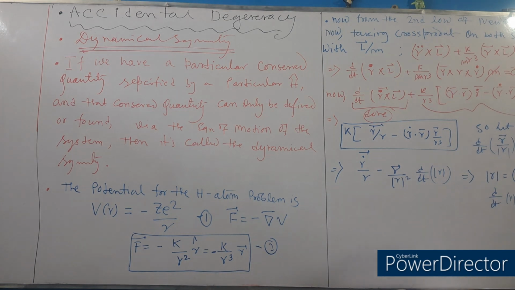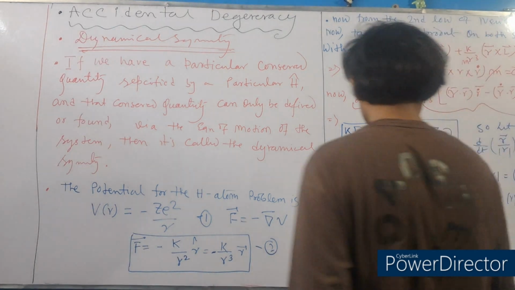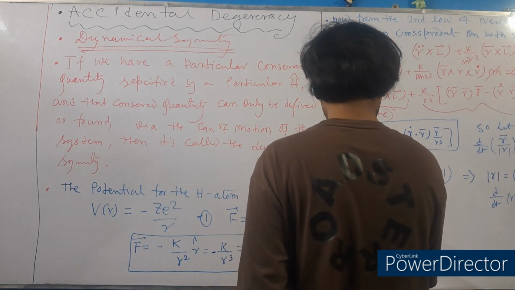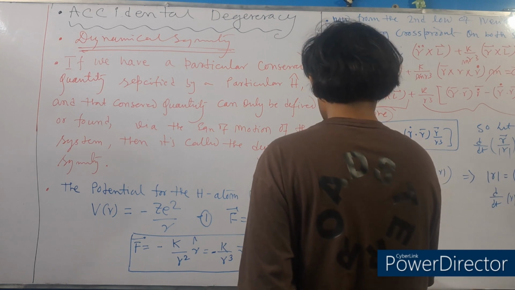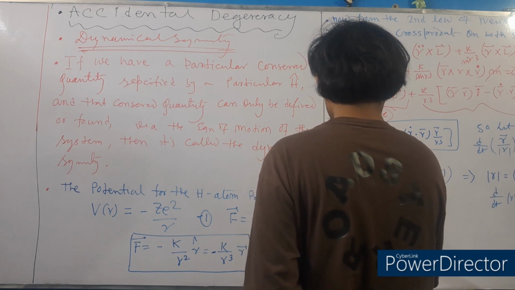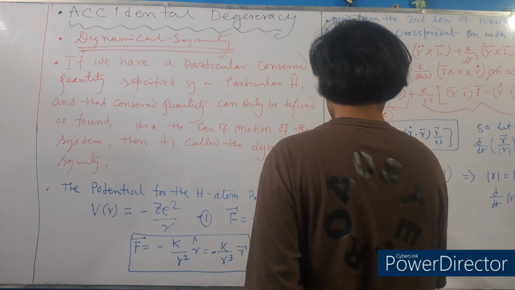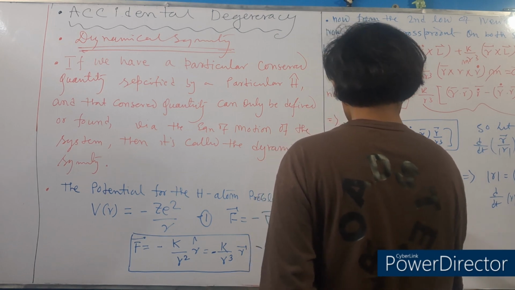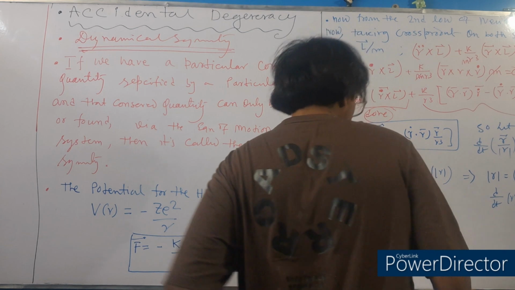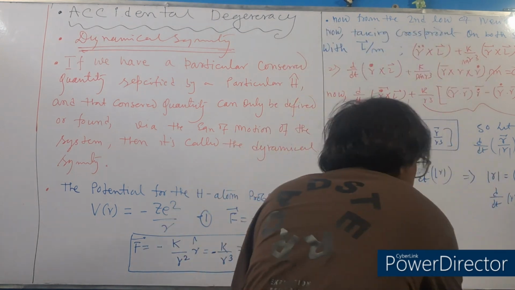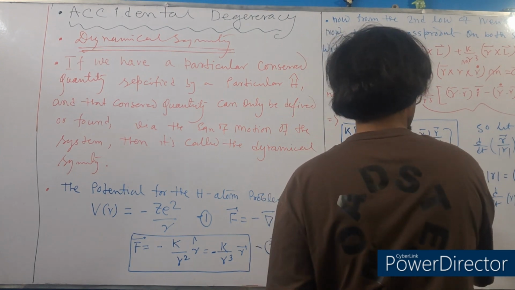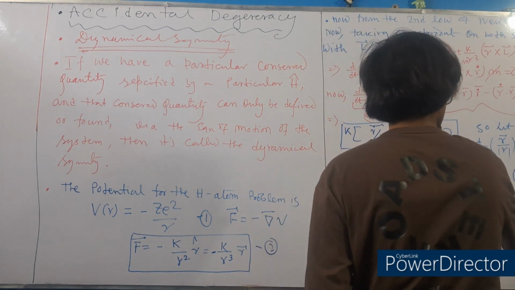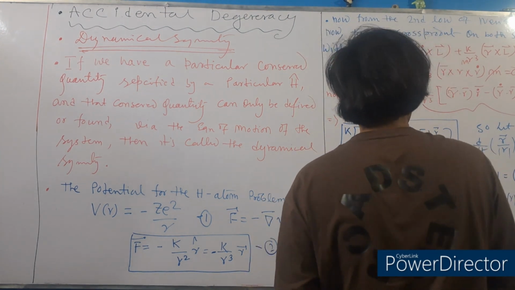Okay, so d/dt of r by mod r is basically equal to, we have ended up with this and this.